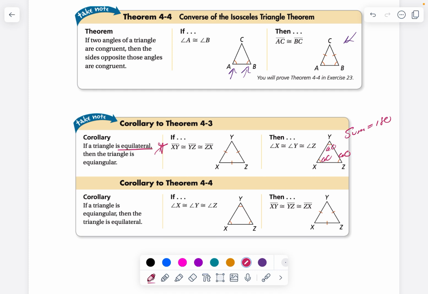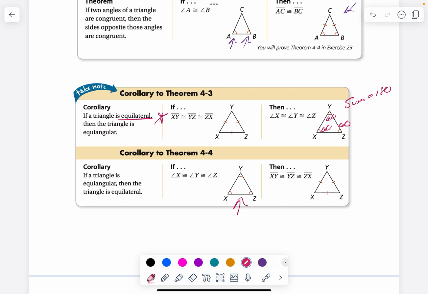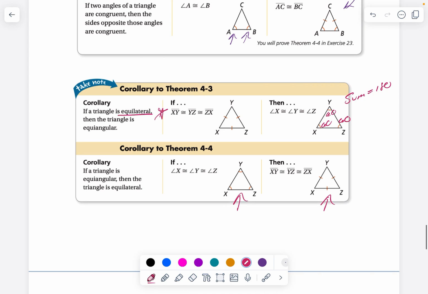So anytime you have an equilateral triangle where all the sides are congruent, the sides obviously can be different measurements, but all the angles will always be 60 degrees. And just like with the isosceles triangles, if all the angles are congruent, then all the sides are congruent. So you can't have one without the other, because there is a relationship between sides of a triangle and the angles opposite them.